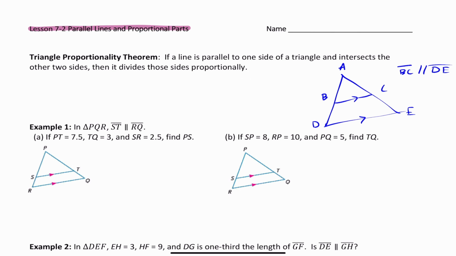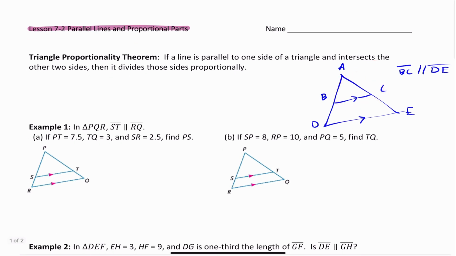Meaning I can take this part over this part and create that as a ratio and equal that to this part over this part. So let me write that. We have AB over BD, and I equal that to AC over CE.